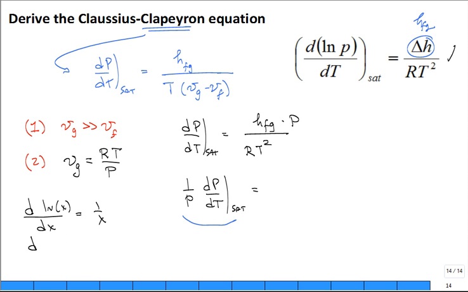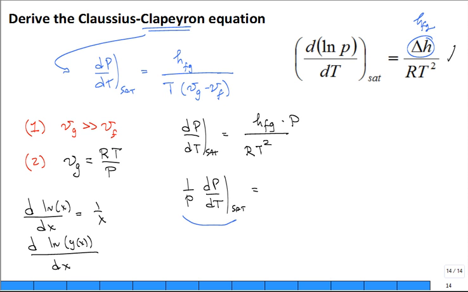What's the derivative of the natural log of y, which is a function of x, with respect to x?